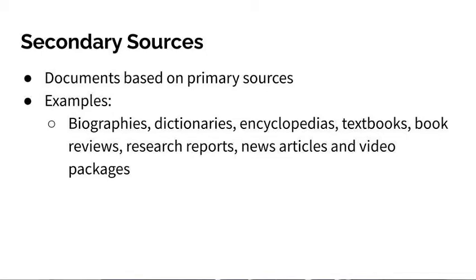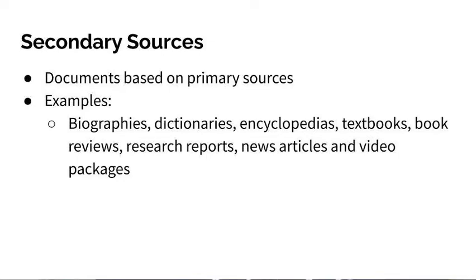Secondary sources are things like biographies, which is when another person writes about someone else's life and they usually need to speak with the person or look at other documents to write it. Reference books, like dictionaries and encyclopedias. These take information from another source and compile it all together into one place.